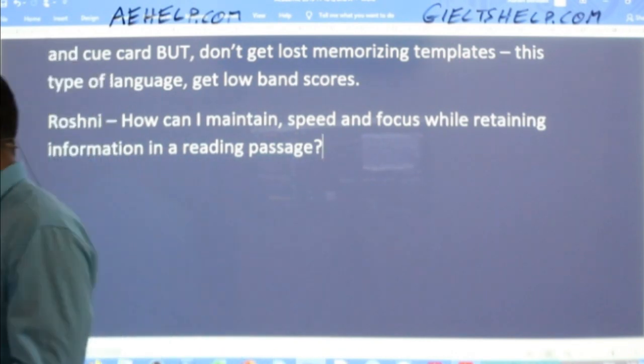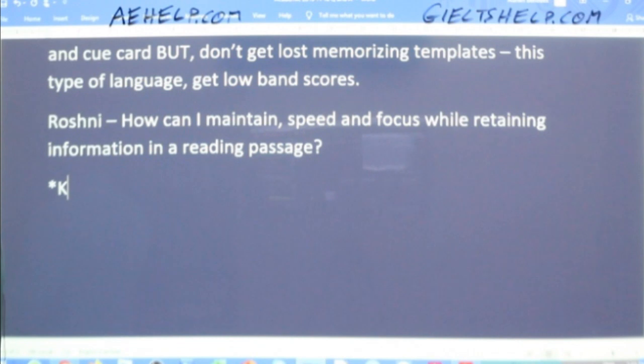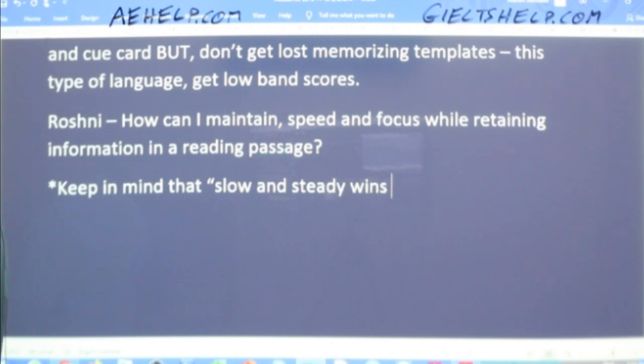Okay, keep in mind that slow and steady wins the race. Okay, it's the turtle and the hare. All right.